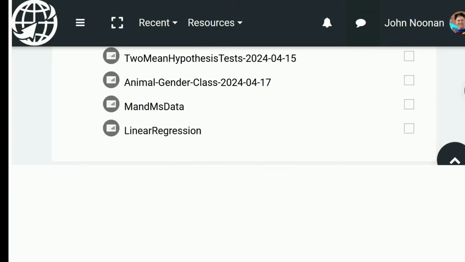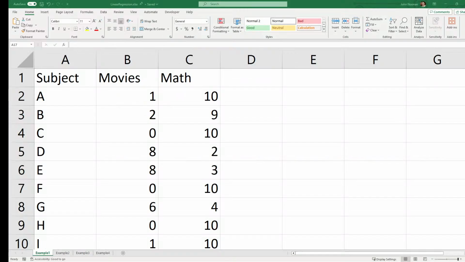But let's move on to this. So on our website, you will find linear regression. This is only if you want to follow along. You don't really have to in this class, but I'll show you what you'll be seeing. This is the linear regression Excel spreadsheet, so that you can follow along if you want to using Excel.